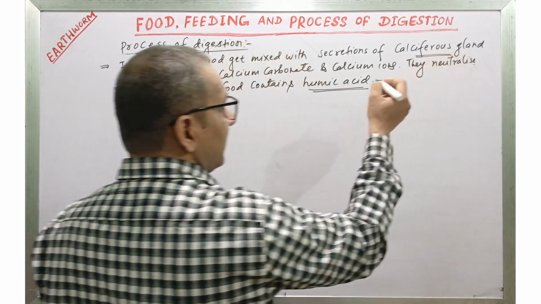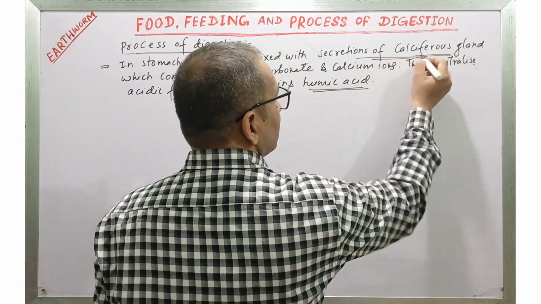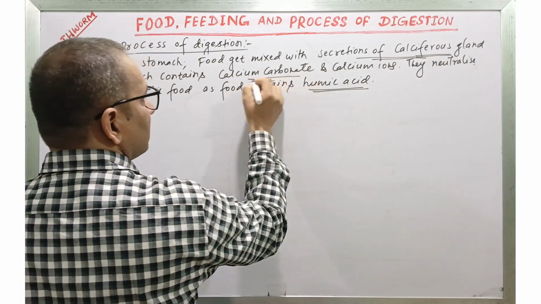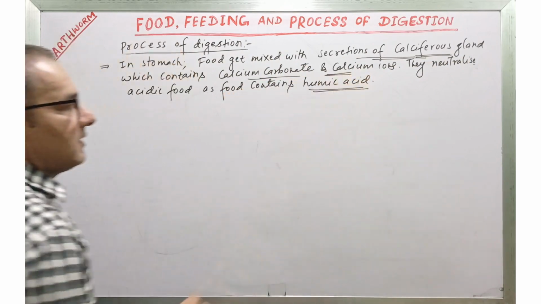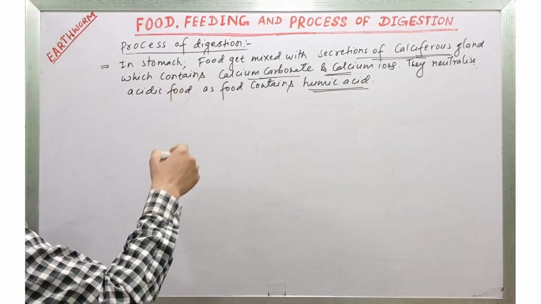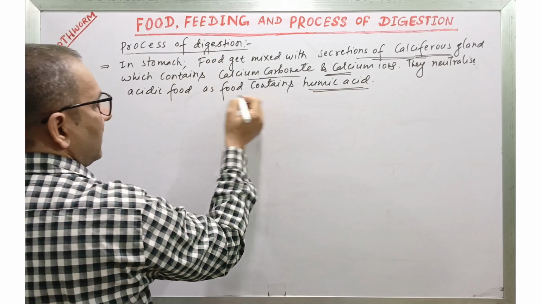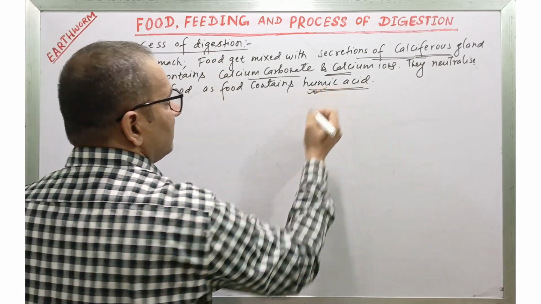So in the stomach the food gets mixed with the secretions of the calciferous gland, and the secretion contains calcium carbonate and calcium ions, and they neutralize the acidic food as the food contains humic acid.